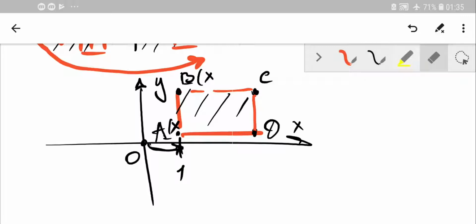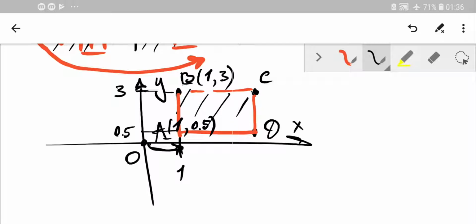So the x coordinates for both points will be the same and equal to 1. So we can write 1 and 1. But what's the difference? The difference is in the y coordinates. For example, let's say this is 3 and this is 0.5. So we can say that for A, the y coordinate is 0.5, for B it is 3.